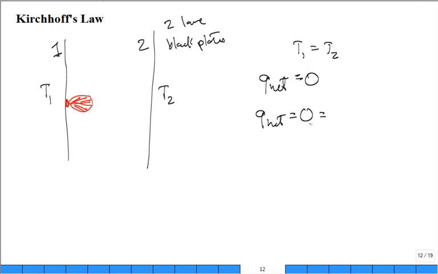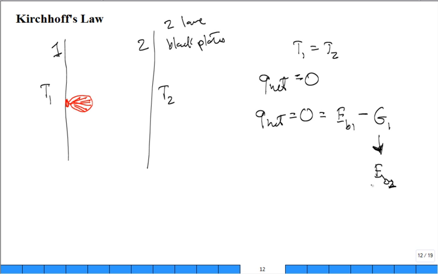Well, everything that comes off of 1, but it's emitting as a black body. That's the total emission over all wavelengths, over all angles. And then what about the balance? By itself it can't be, so it's emission minus the incoming, which is absorbed. And so you get this funny G sub 1. But what is G sub 1? Isn't that EB2?